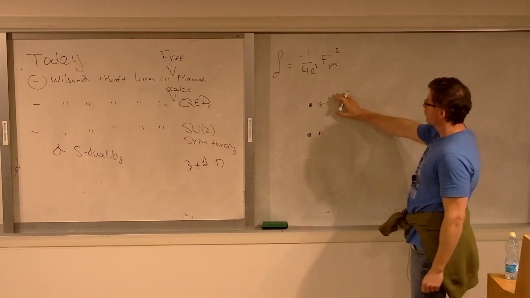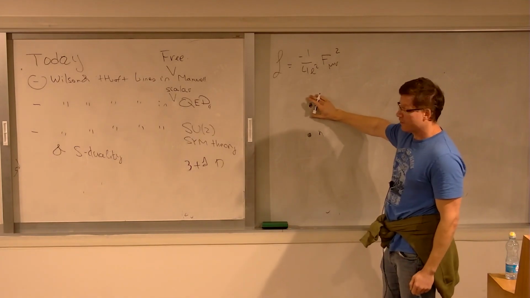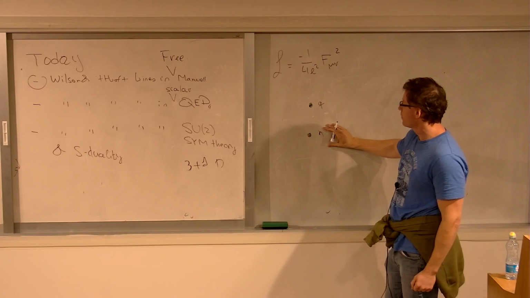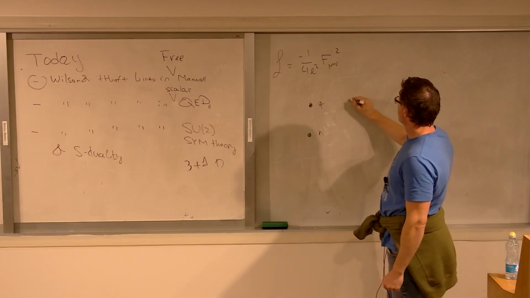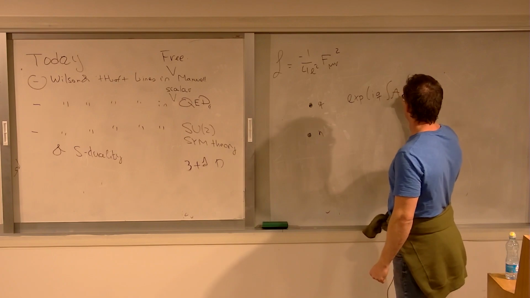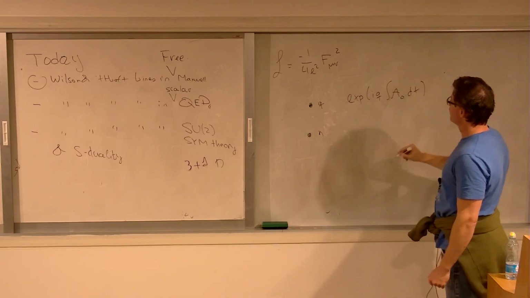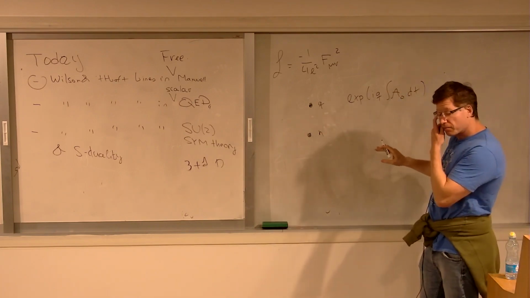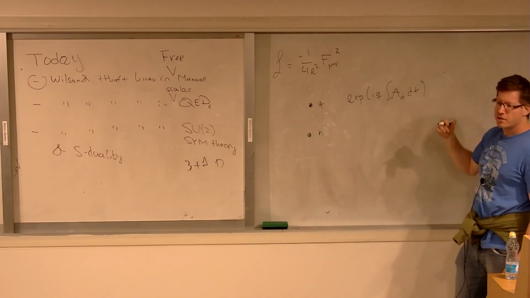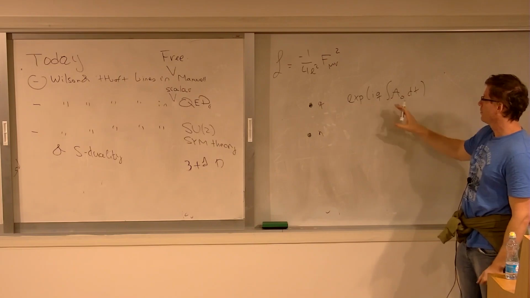So to describe the Wilson lines, these are Wilson lines of charge Q, and these are 't Hooft lines of charge N. To describe those, we just write an exponential of iQ and integrate A0 dt. To describe the 't Hooft lines, we don't really have such a nice formula. You can do something, but it's not as neat.